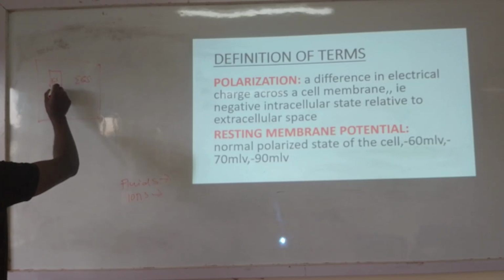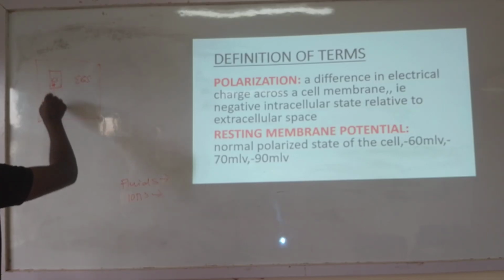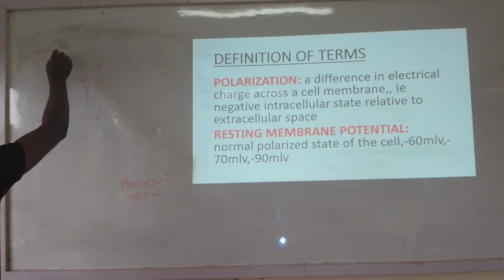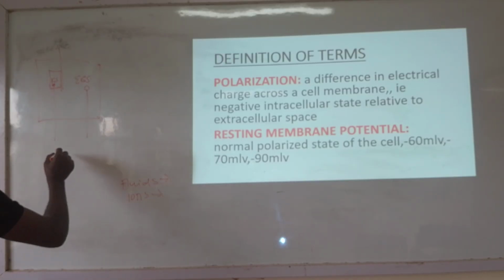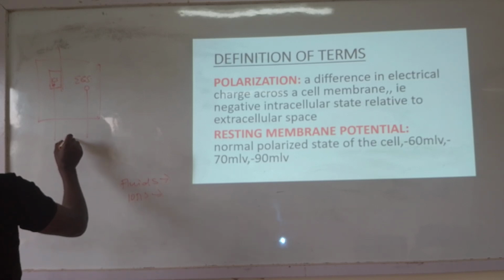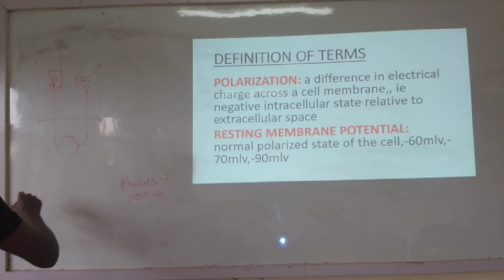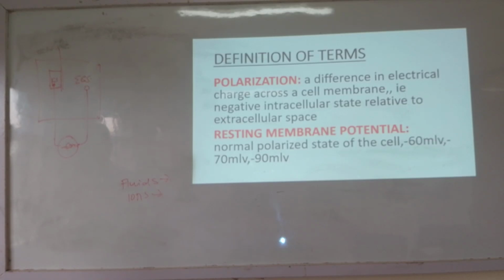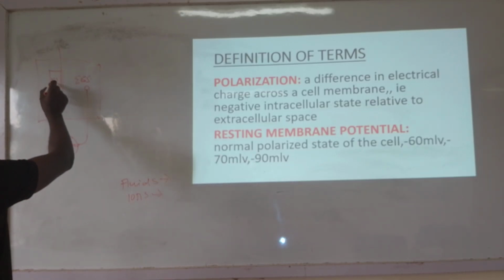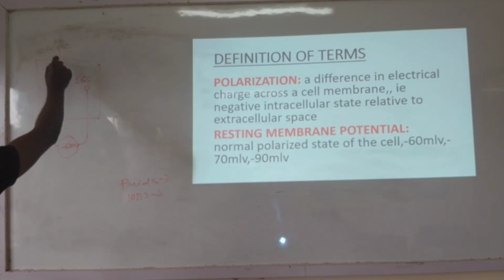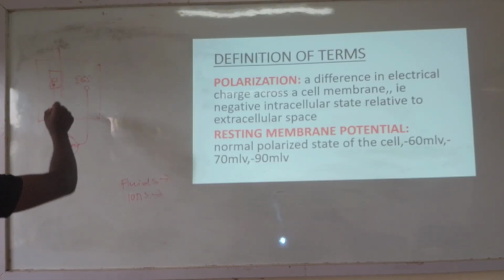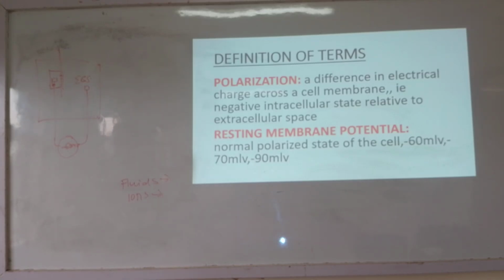If I put an electrode here and then an electrode here across this cell membrane and connect a voltmeter, I will be able to read some voltage, meaning there is an electrical charge that exists between extracellular space and intracellular space across a cell membrane.